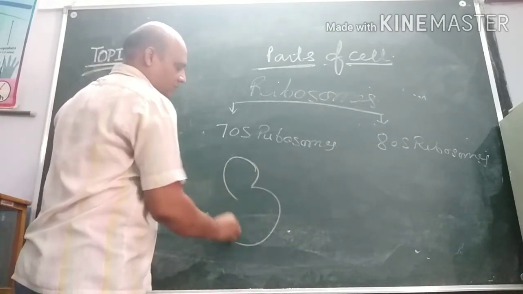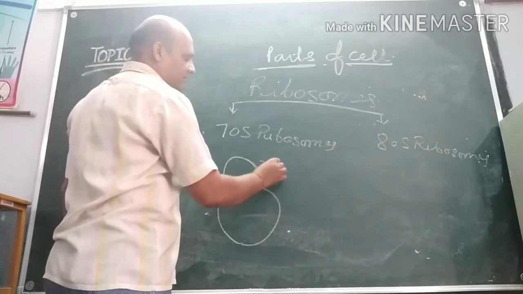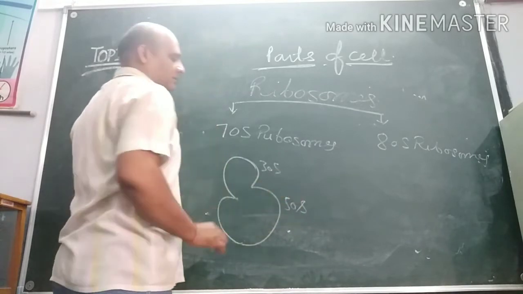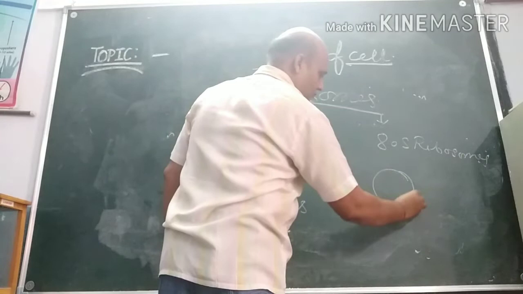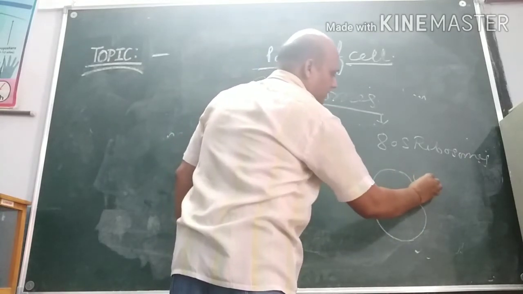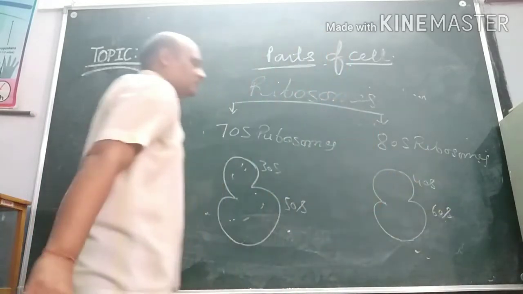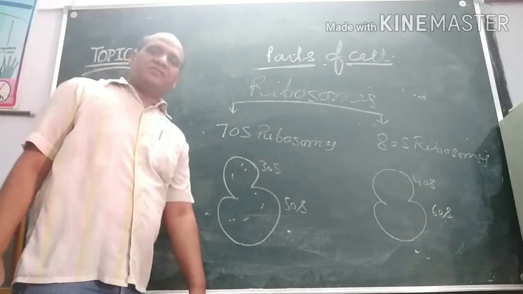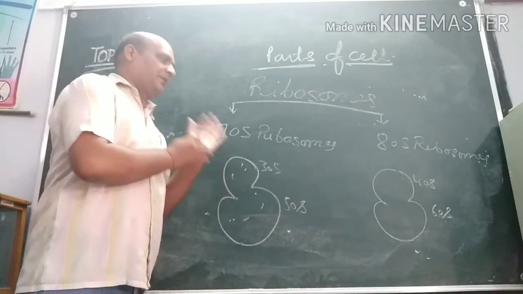The 70S ribosome is differentiated into two subunits, 30S and 50S, whereas the 80S ribosome is differentiated into two subunits, 40S and 60S. The ribosome takes part in protein synthesis, so it is known as the cellular factory of protein.